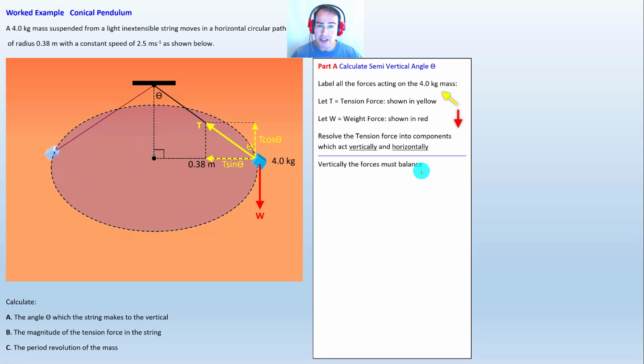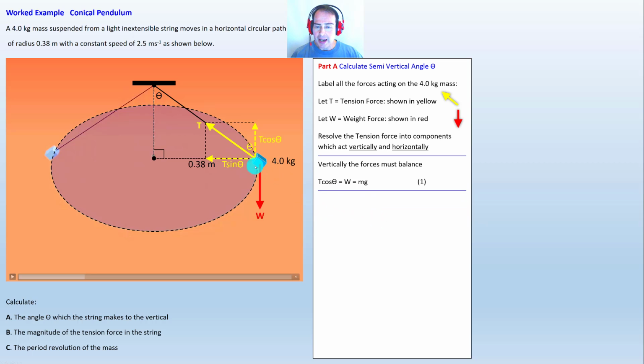Vertically, the forces must balance, therefore T cos theta equals the weight, which we know is equal to mass times gravitational field strength. Now we don't know theta, and we don't know tension, and so we can't solve this equation straight away, and whenever that happens in any maths or science question, it's good practice to label the equation with a number, a reference that we can come back to use later on.